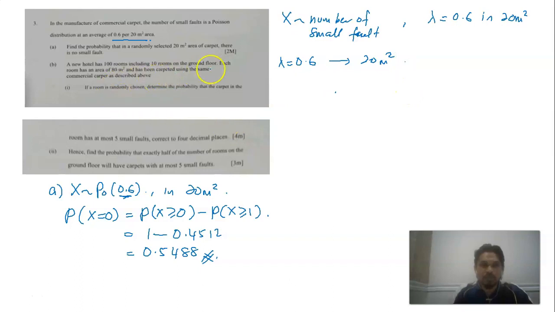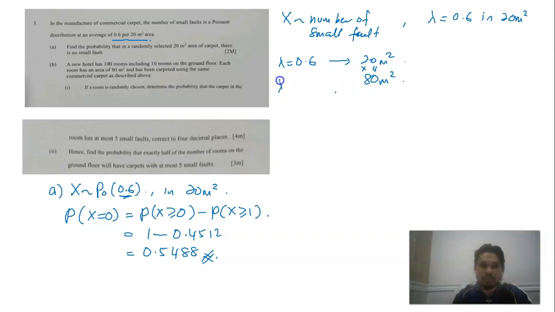Right now each room has an area of 80 meters square, using the same commercial carpet, so it is 20 times 4 equal to 80.